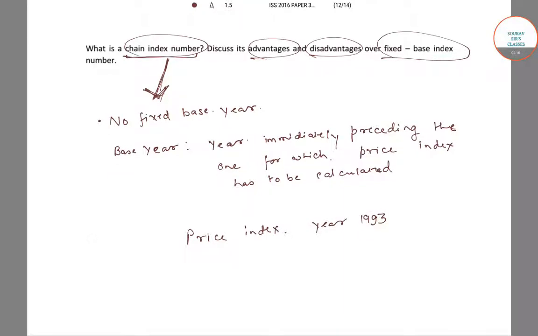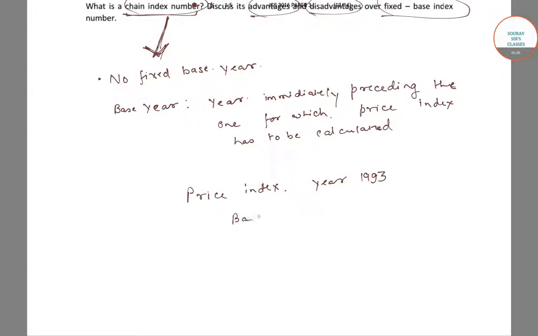Then the base year would be 1992. For 1994, the base year would be 1993, and so on. So the base year is the year immediately preceding the one for which the price index has to be calculated.